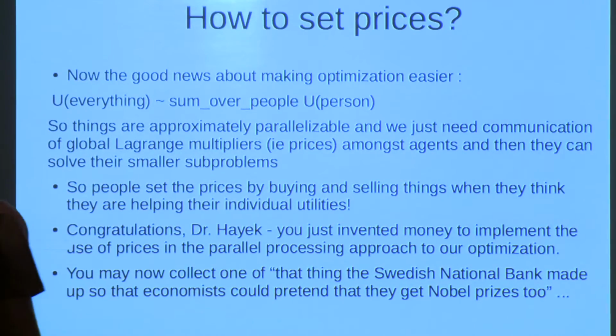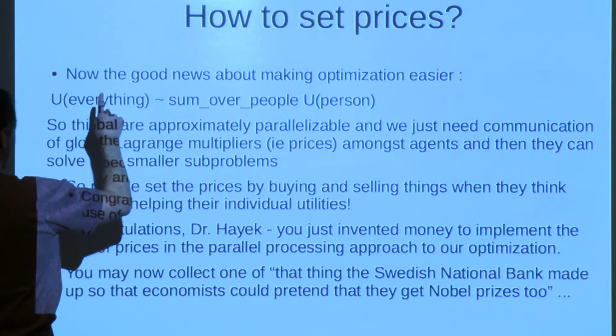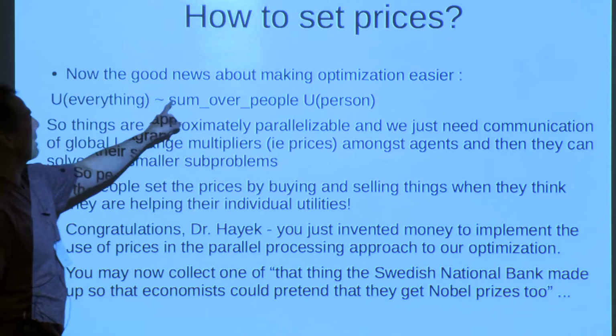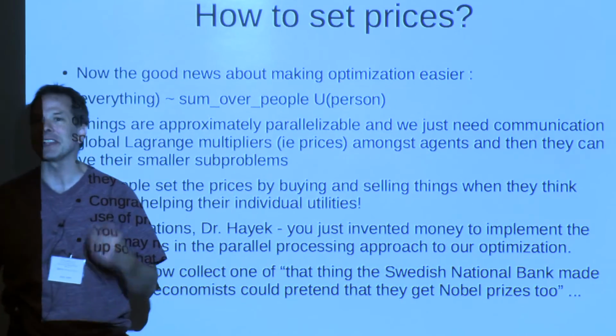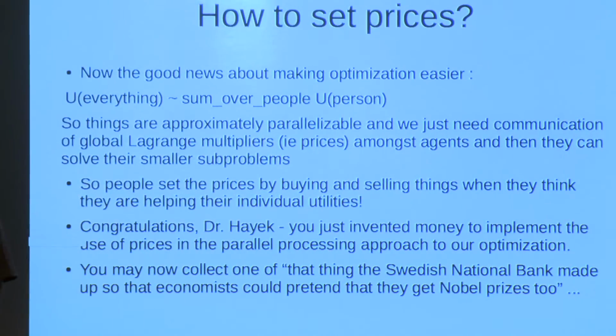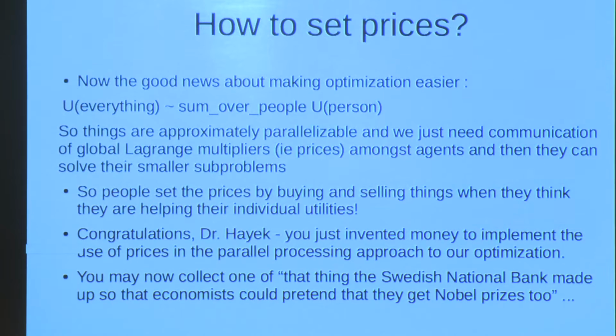So now, our optimization problem, which is super hard, has this nice property that it's approximately infinitely parallelizable. More or less, the utility of everyone is the sum of their individual utilities. Margaret Thatcher, in fact, claimed that there's no such thing as society, by which she meant this statement.